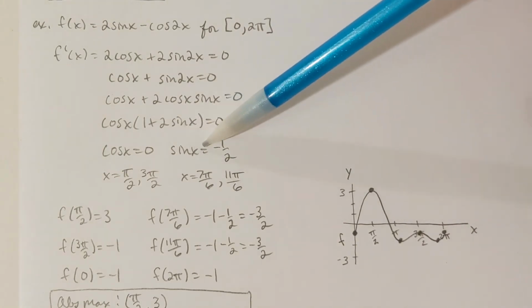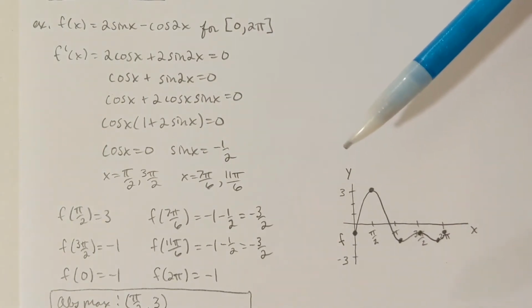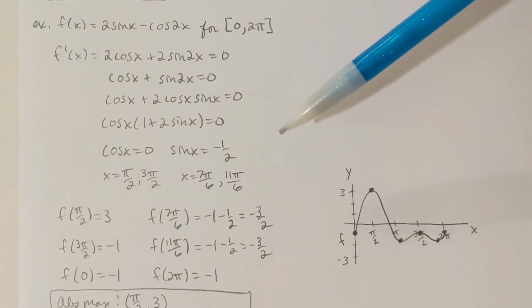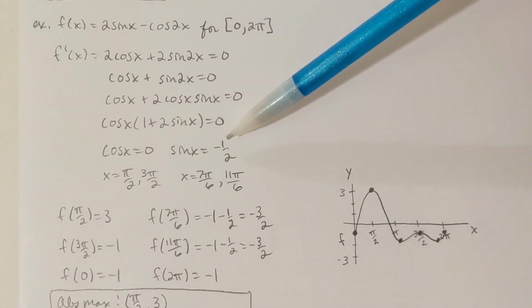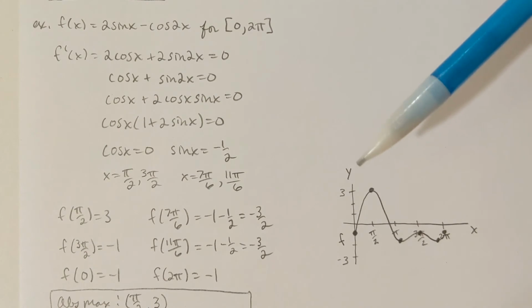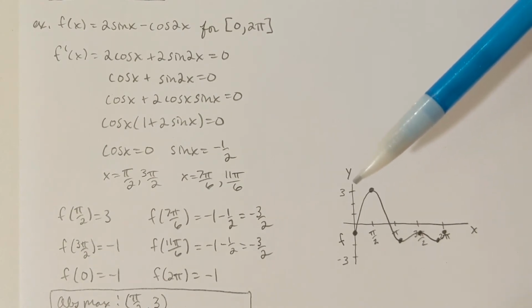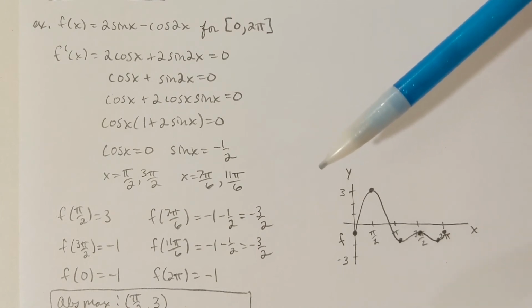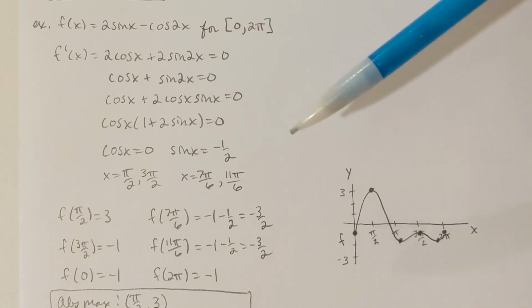How about sine x equals negative 1/2? Well, sine x is where I take opposite over hypotenuse. So the opposite side in this triangle would be -1. The hypotenuse would be 2. Okay, if you were to draw a triangle in quadrant 3, where the opposite side is -1 and the hypotenuse is 2, the adjacent side would be -√3.